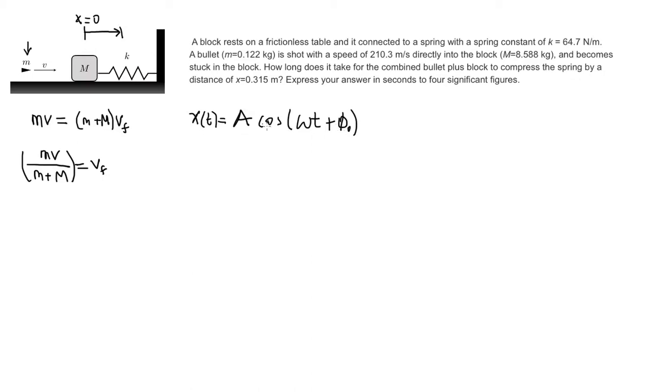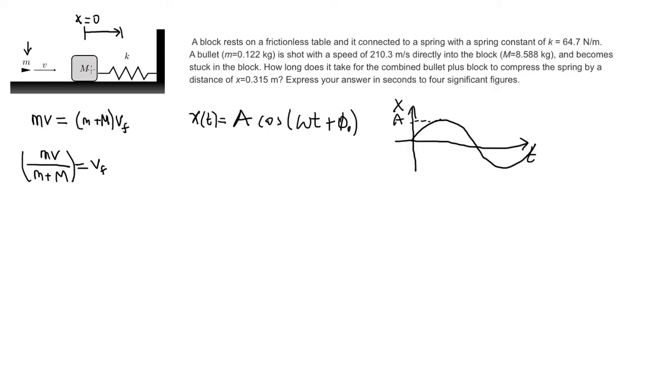Of note, I have to include a phi naught, because if I think about the graph of this motion as a function of time, where this is x and this is t, it starts here at 0 and then starts undergoing oscillatory motion with some amplitude A. This is not our usual situation where we start with a cosine function at A and start oscillating downward. We're starting here at 0, so that means we've got to include this phi naught term. That is what makes it a challenge.